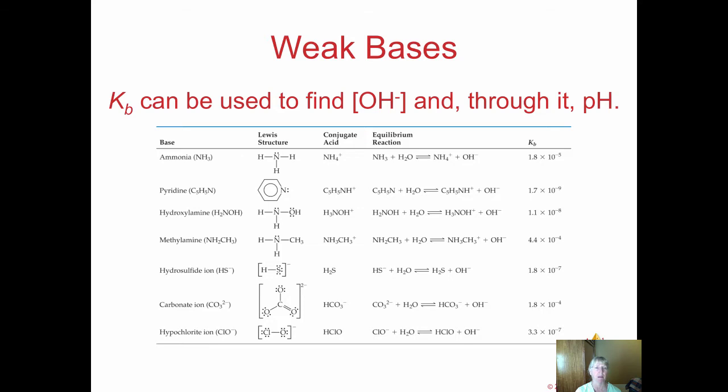Now, if you can take a moment, I want you to just scan down and look at the Lewis structure column and see what all of these bases have in common with each other. And if you look at their conjugate acid in the next column, perhaps you can see where the hydrogen might be attaching.